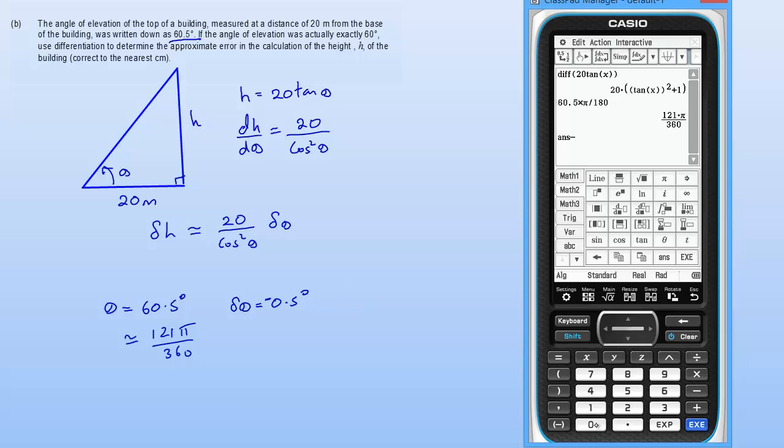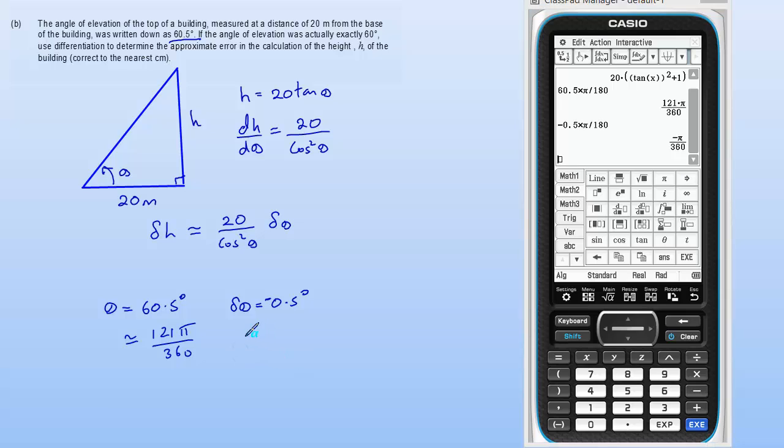So negative 0.5, let's clear the line, negative 0.5, let's multiply that by pi divided by 180, and that's negative pi over 360. I used an approximately here, which isn't strictly speaking, you're not going to get marked wrong for something like that, but it's not strictly speaking right.